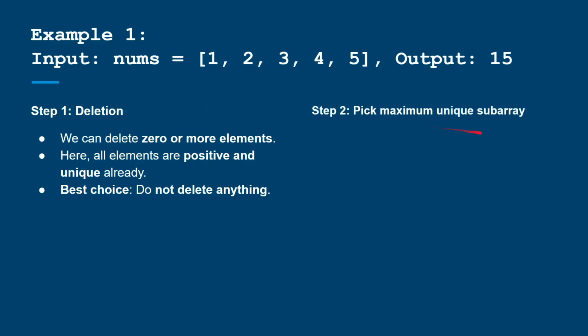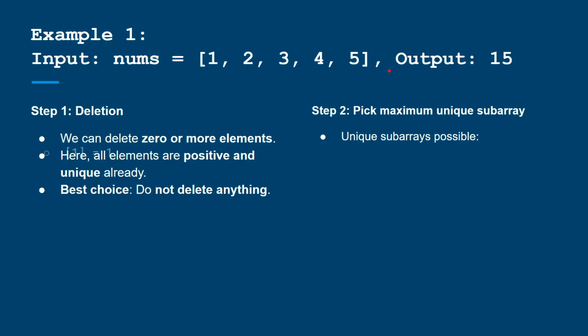So we pick the maximum unique subarray, from here to here, which means we don't need to delete anything, because if you do the sum you will get the maximum possible value. If you remove any of these elements, it will give you a value less than 15.